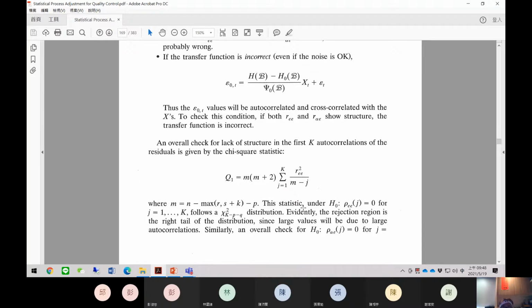This statistic tests the null hypothesis that rho equals 0, and follows a chi-square distribution. The rejection region is the right tail, since the chi-square distribution is one-sided, and a large value is due to very large autocorrelation, so we reject the null hypothesis.